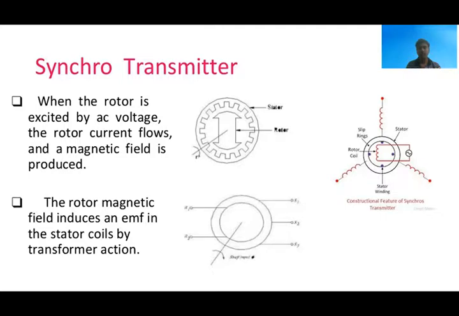In the construction features, you can see the major parts of the synchro transmitter are the stator and rotor. The stator of the synchro transmitter is like that of a three-phase induction motor. Therefore, we have three stator windings, S1, S2, S3, and these three stator windings are placed 120 degrees apart.